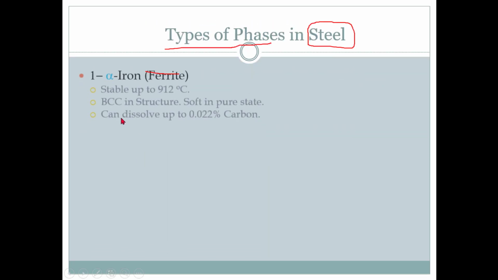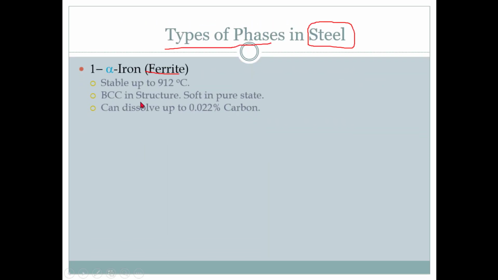Now, it has a BCC structure. Okay, soft in a pure state. So this is the property. And it can dissolve up to 0.022% carbon. This is the amount or the composition of this phase.